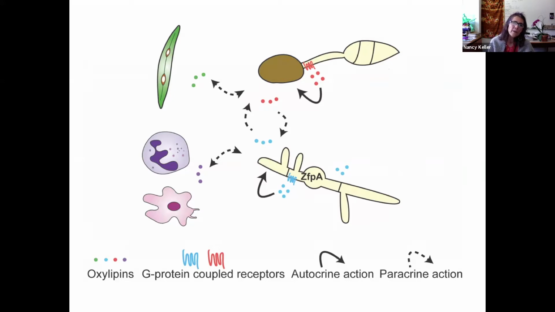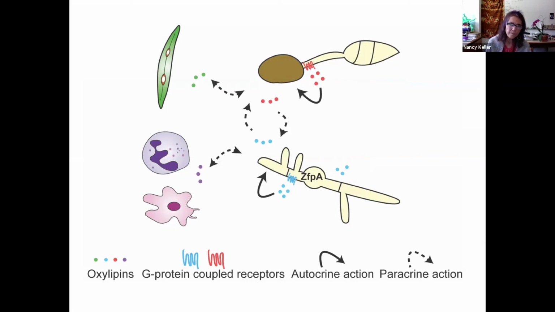And so what we proposed here, as we end the study, is that we have found, to our knowledge, the very first transcription factor that regulates branching in fungi, and that it is a downstream target of fungal oxylipins, where the signal is mediated through one or more G protein coupled receptors.